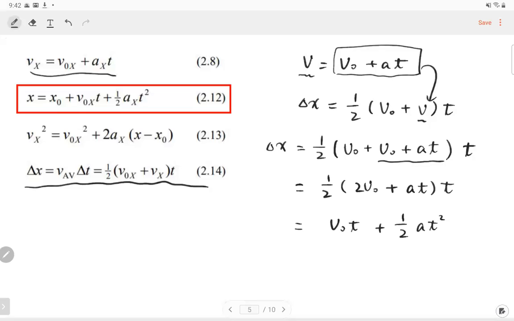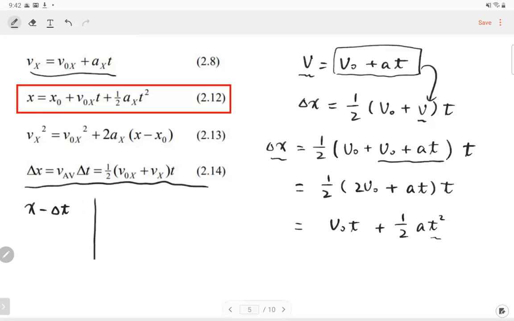Okay, so this is the relation between the displacement and the time. And you can find that this is not a linear relation. The displacement and time have a relation of t squared. So there's a parabolic curve.